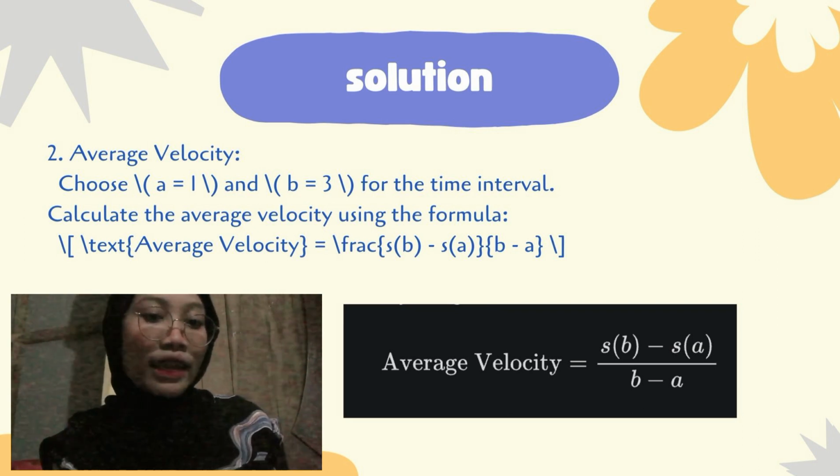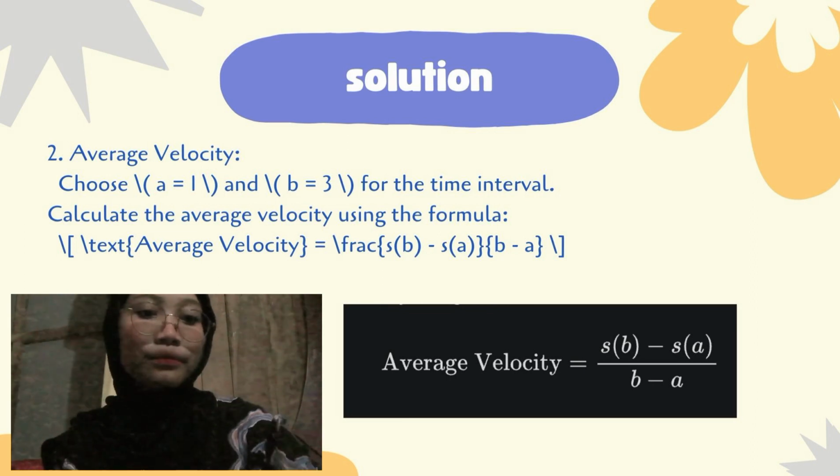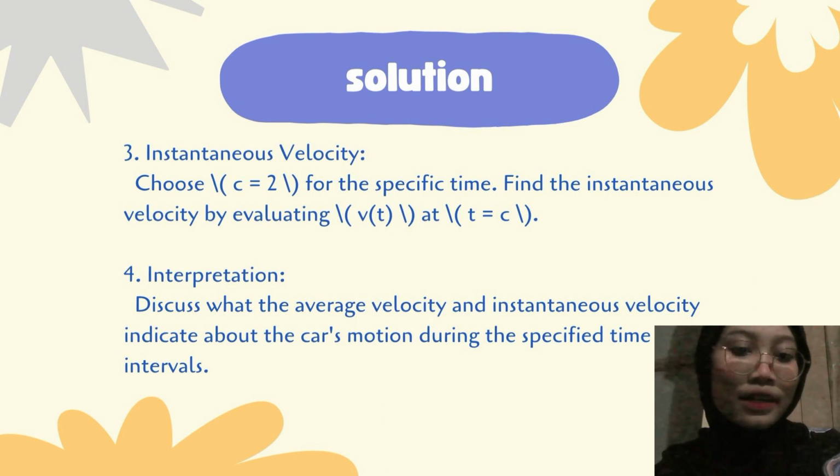And then the average velocity. Choose a equals 1 and b equals 3 for the time interval, and calculate the average velocity using the formula: average velocity equals s(b) minus s(a) over b minus a. Then, instantaneous velocity: choose c equals 2.